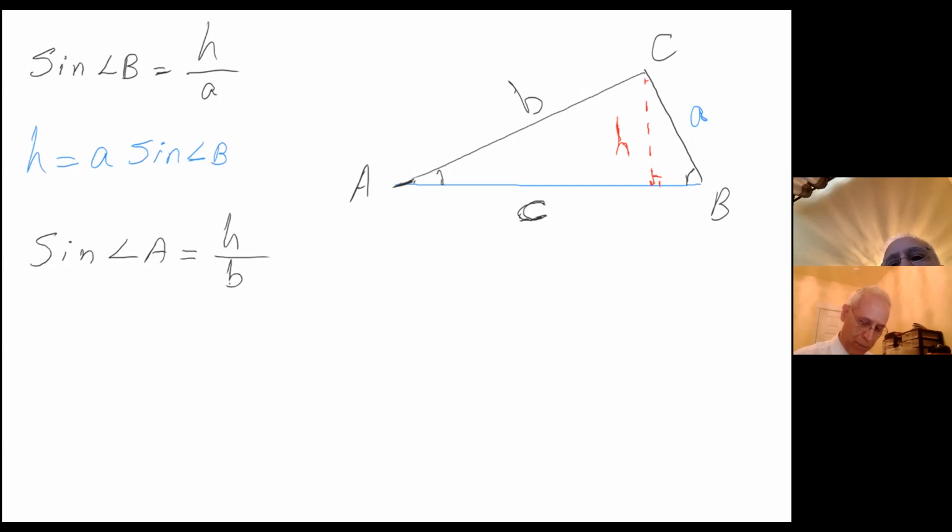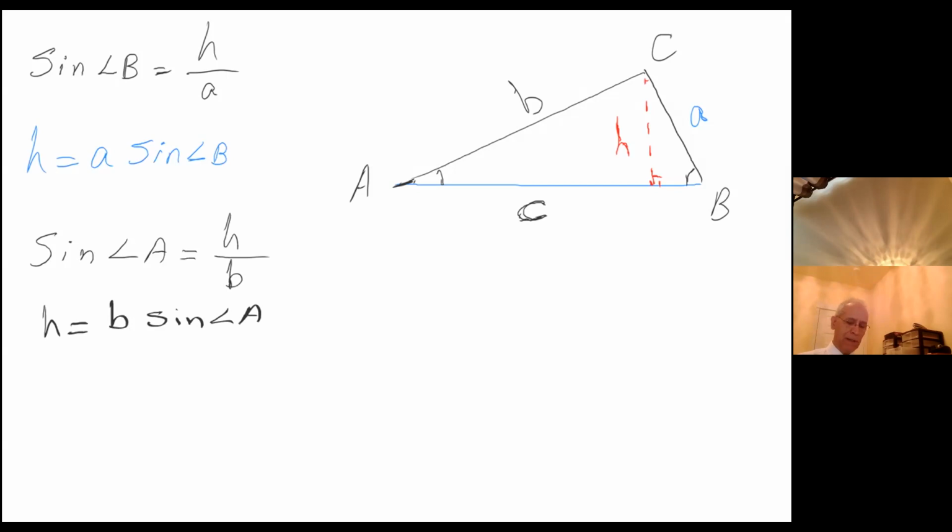And if I multiply both sides of this equation by b, I will have h equals b times sine of angle A.